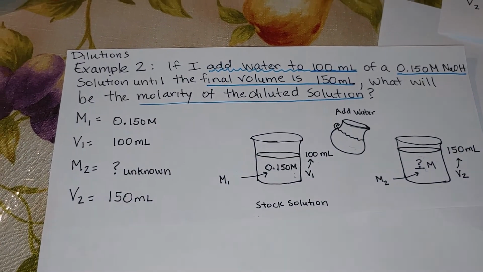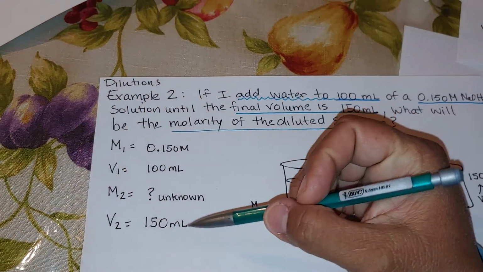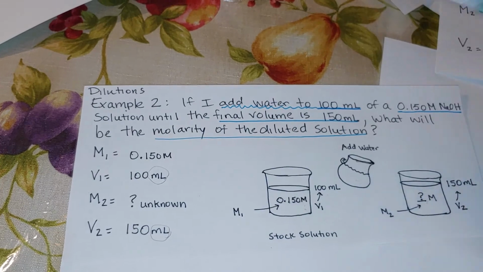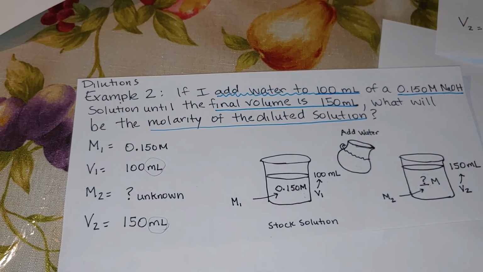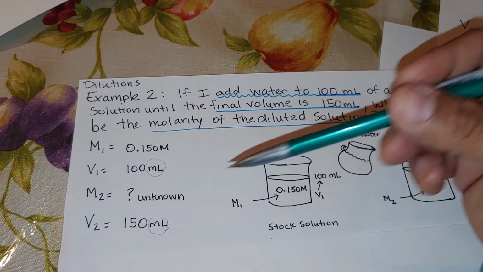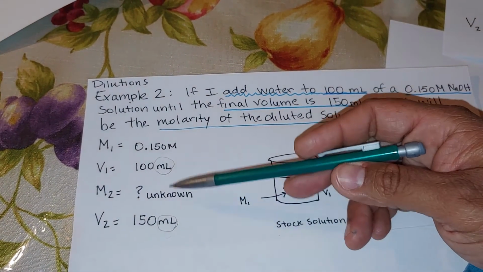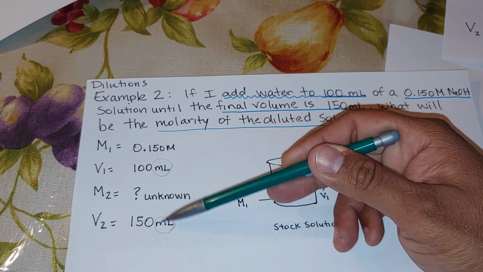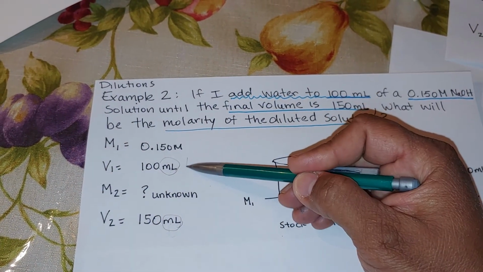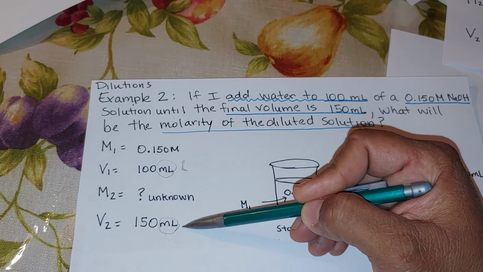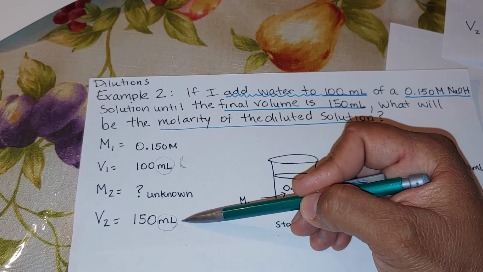Something I forgot to say earlier in the first example: I've been telling you to work with liters when we did the concentration. But when you're doing dilutions, you can go ahead and put them in milliliters. It's okay to use milliliters, but both volumes have to have the same units. Either both of them have to be liters or both of them have to be milliliters.